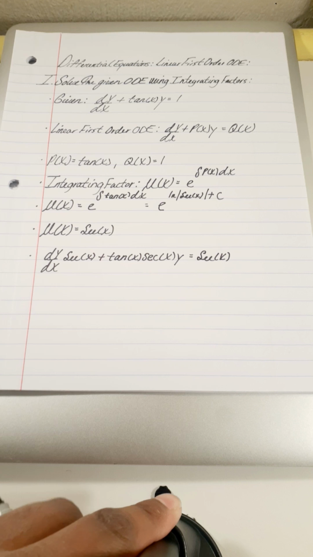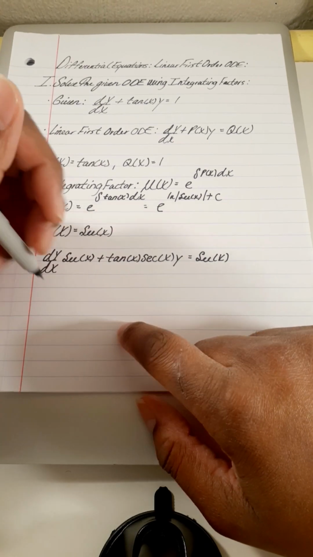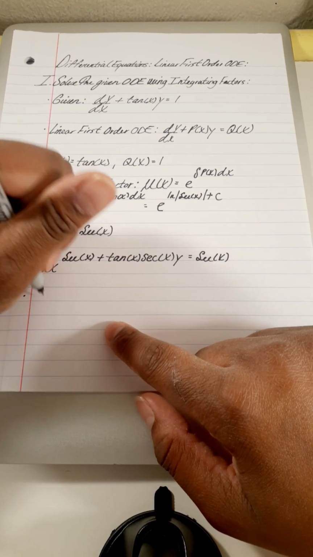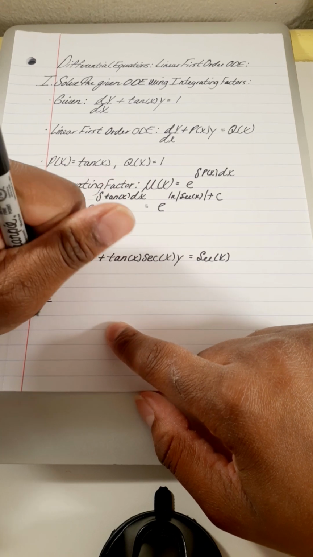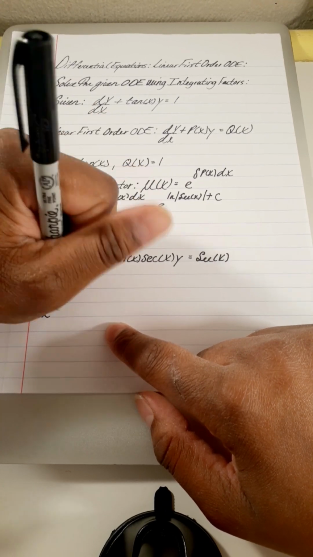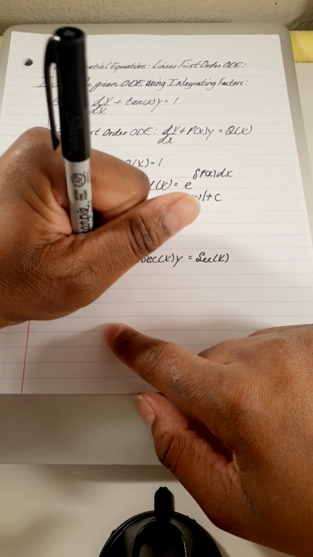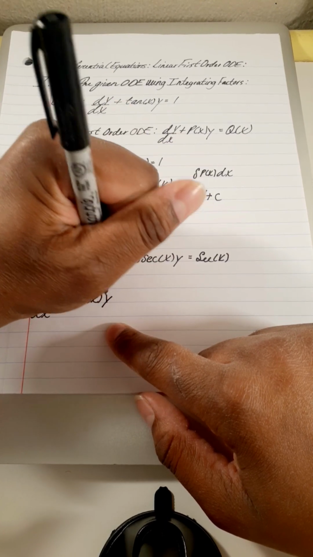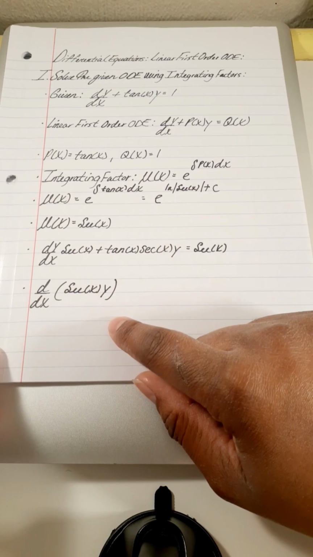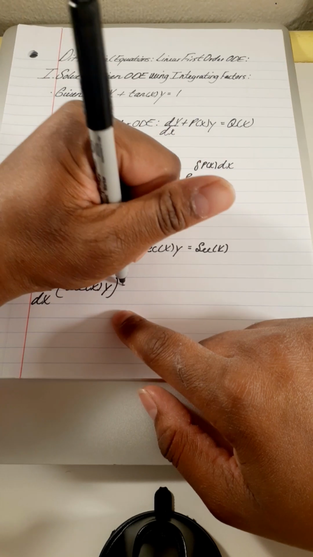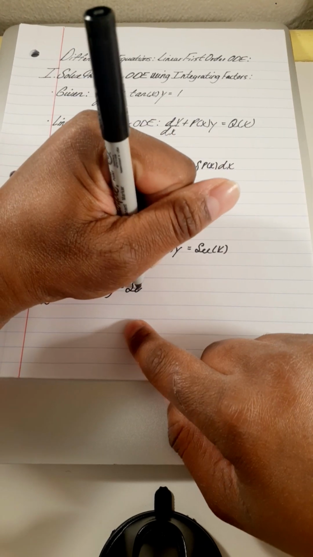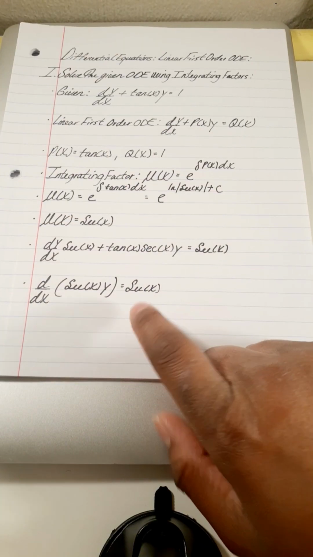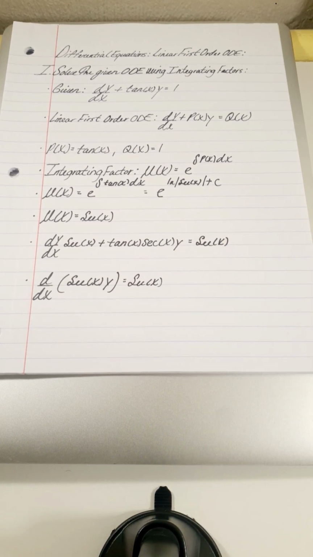What we'll need to do now is apply the product rule on the left-hand side. That's the derivative with respect to x of secant of x times y, and that's equal to secant of x.